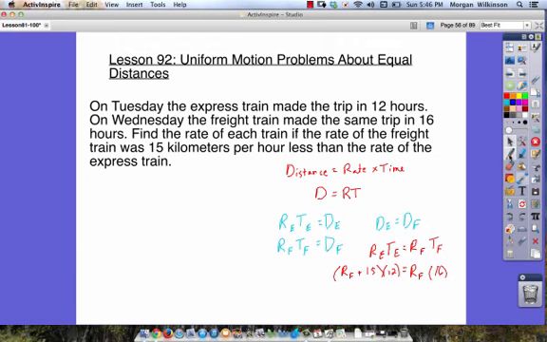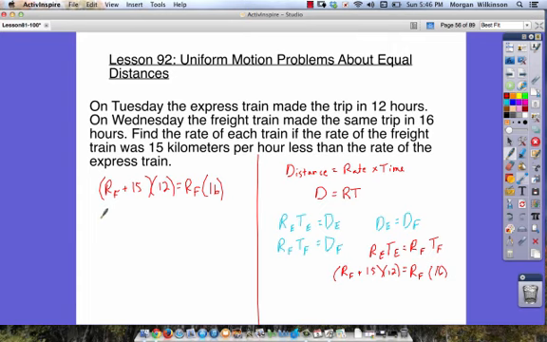Okay, so if we rewrite that equation, the rate of the freight train plus 15, because that's the rate of the express train really, times 12 is equal to the rate of the freight train times 16. We can then go through here and find our answer.